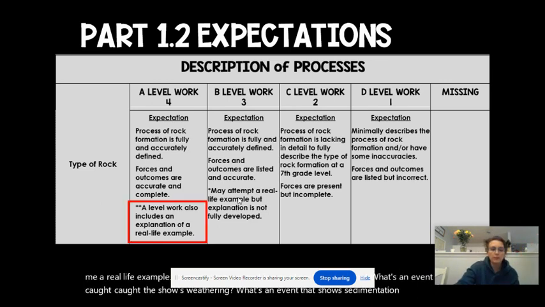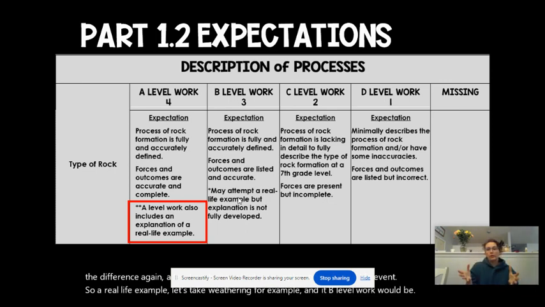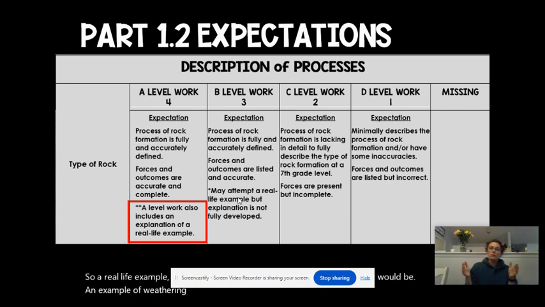Now, if we look at the difference again, A-level work also includes an explanation of a real-life event, or a real-life example. Let's take weathering, for example. B-level work would be, an example of weathering includes water running over rocks to make them smooth. Okay. B-level work, you gave me an example.